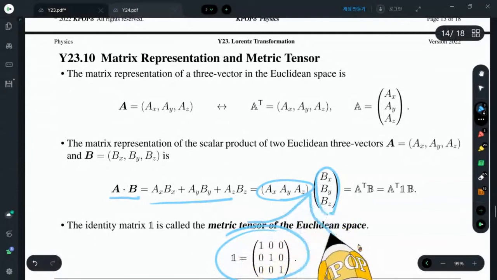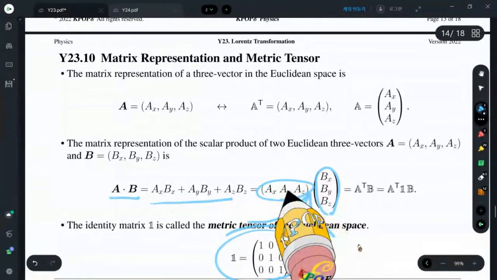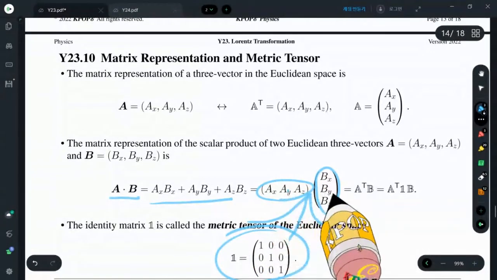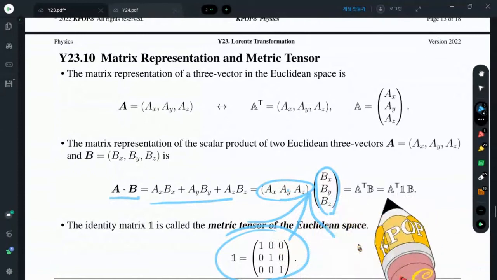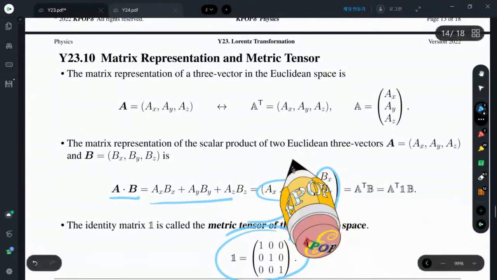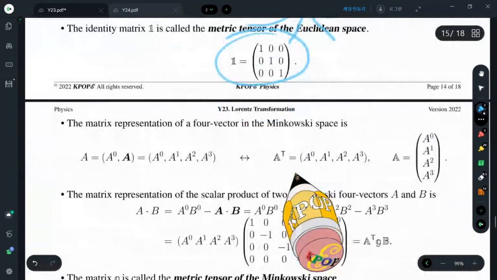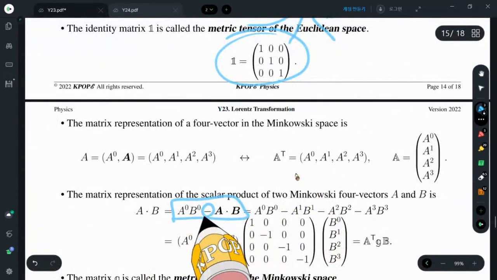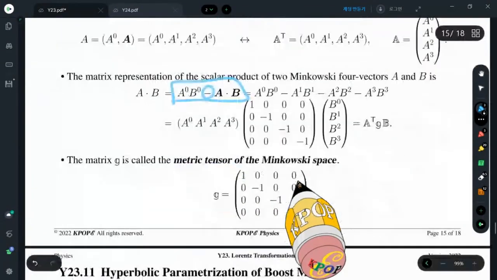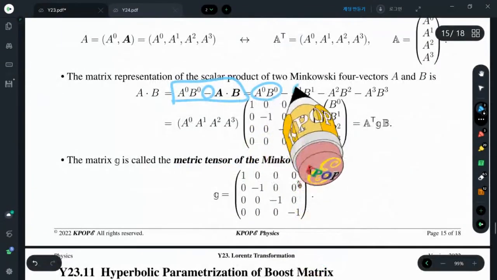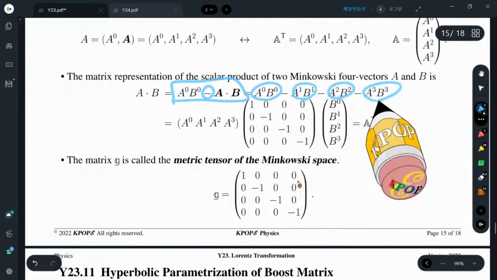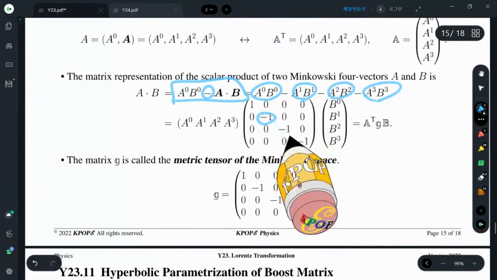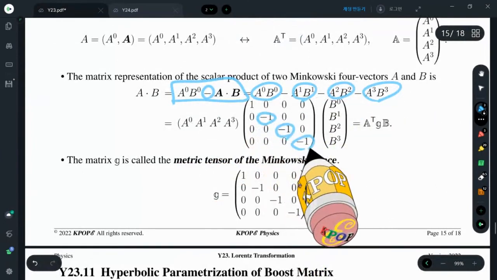And by inserting the identity matrix between the row and column vector, I don't have any difference at all. However, in the case of Minkowski space, we have a negative sign in the product between the spatial components. So time component, spatial components. Spatial components have an additional negative sign.